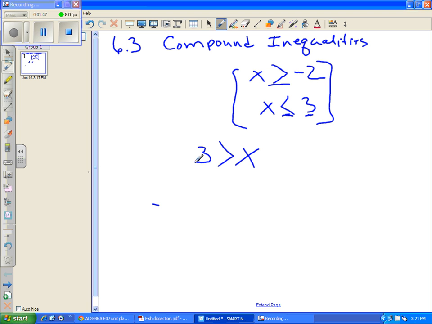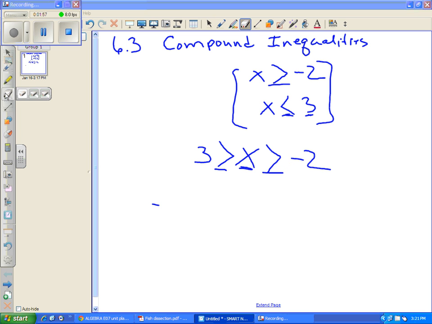And if I read it from the x again, x is greater than or equal to -2. Both of these are or equal to. Now you've just written the sentence for this compound inequality. That's half the problem. Now they want you to graph it.